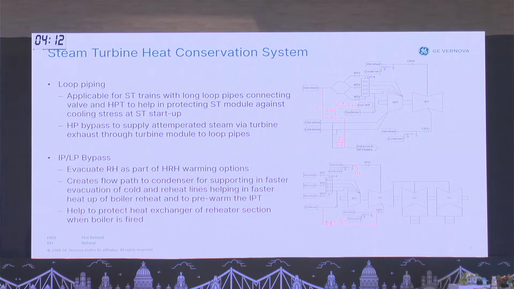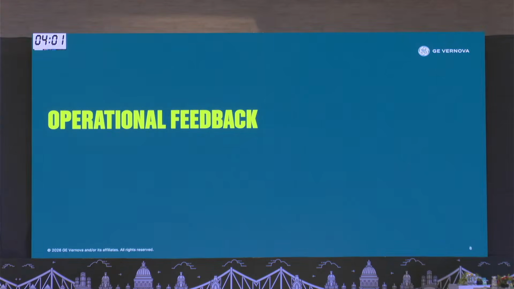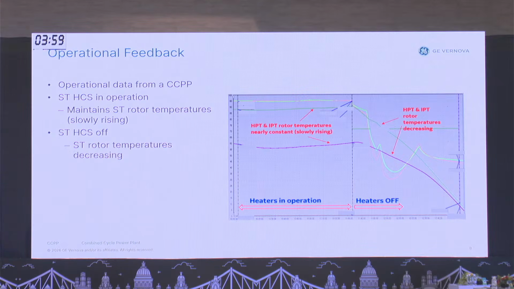And this system, GE Vernova has already installed in a few plants in America, in combined cycle power plants and thermal power stations. And if you see the results, this is the result when you have the heater stop, or the steam turbine unit without heat conservation system. You see the temperature gradients there. It is getting down very quickly.